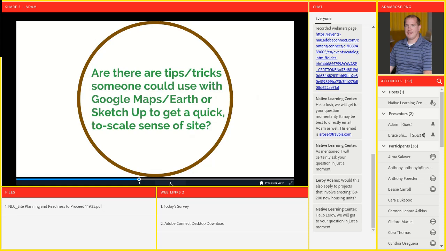Go to FEMA's website and look at the flood maps and see if you're in a floodway or at risk of a 100-year flood. There's a lot of those natural disaster type things that there are sites set up in most states to be able to quickly identify that kind of information.